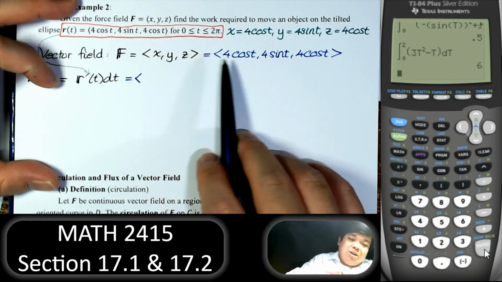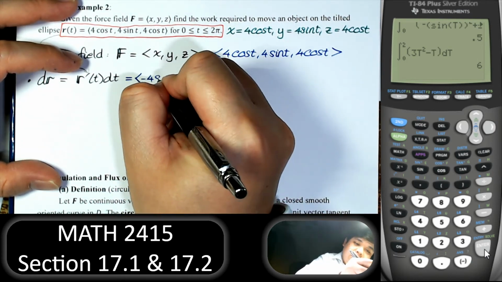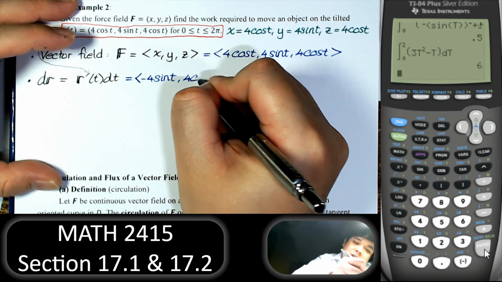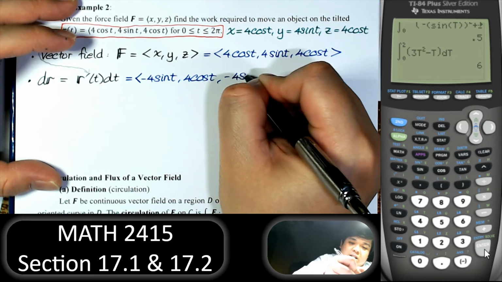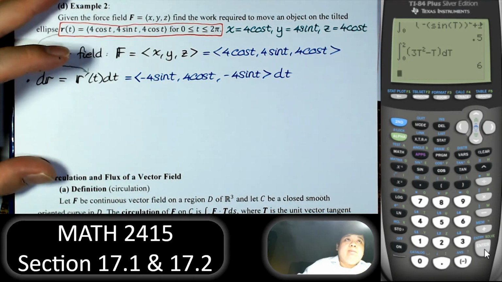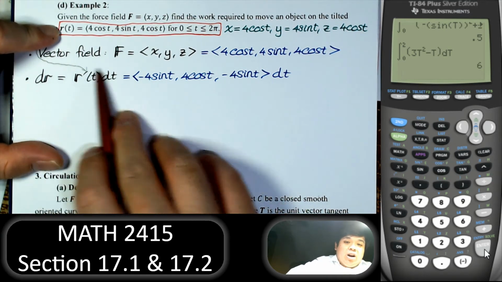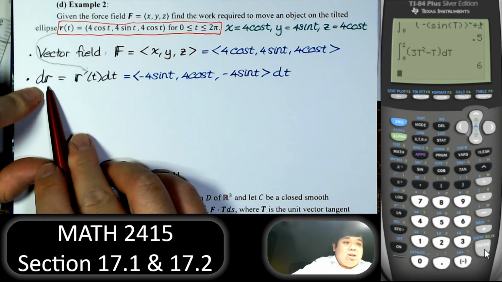So just take the derivative of this. Negative 4 sine t. The derivative of 4 sine t is 4 cosine t. The derivative of 4 cosine t is negative 4 sine t dt.